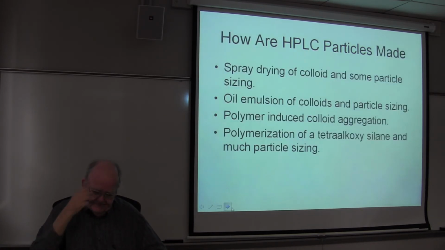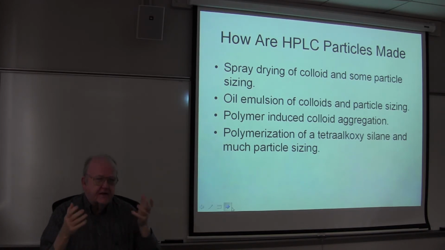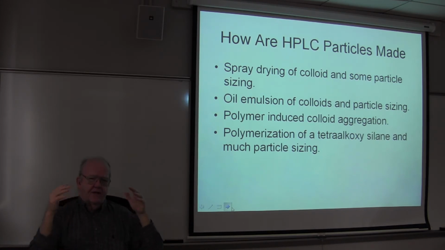Okay, so as I said, the vast majority of HPLC is done with silica. There are a number of different ways of making silica particles that are nice, round particles. One fairly simple way is by spray drying. So you take a colloid in aqueous suspension or in organic suspension, and you push it through a very narrow nozzle.